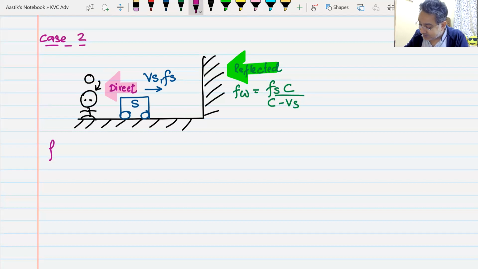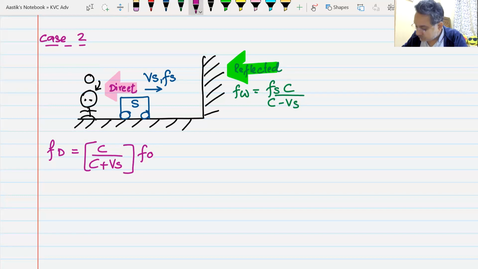One, the direct frequency FD, will be, because the source is moving away, if I put the sign conventions correctly, C upon (C plus Vs) into Fs.